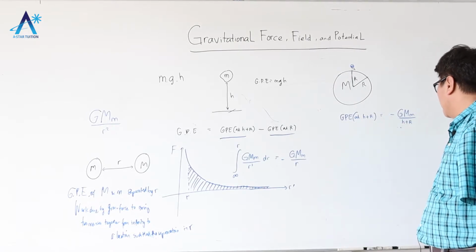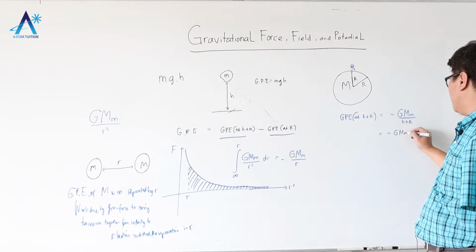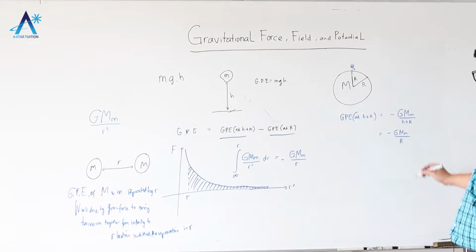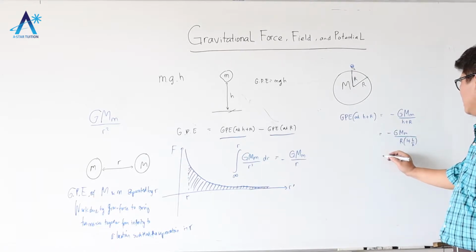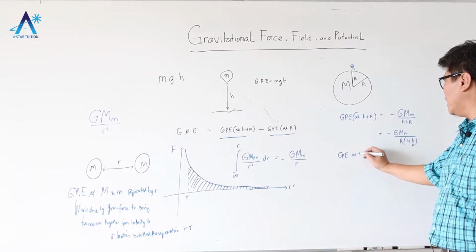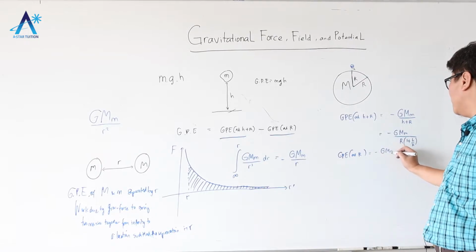Let me manipulate this a bit, as GMm over r, and then you have 1 plus h over r here. And then the GPE at point r is minus GMm over r.